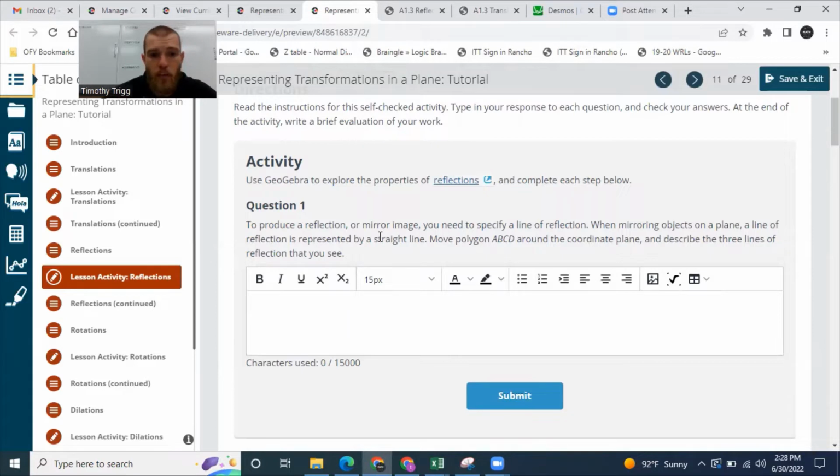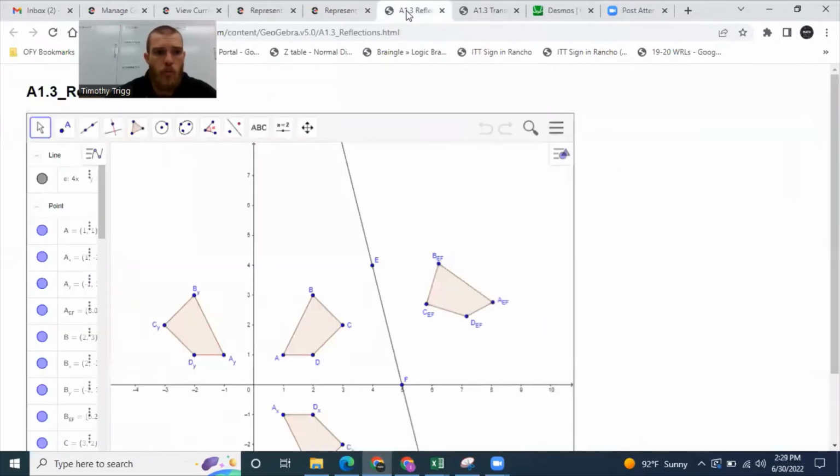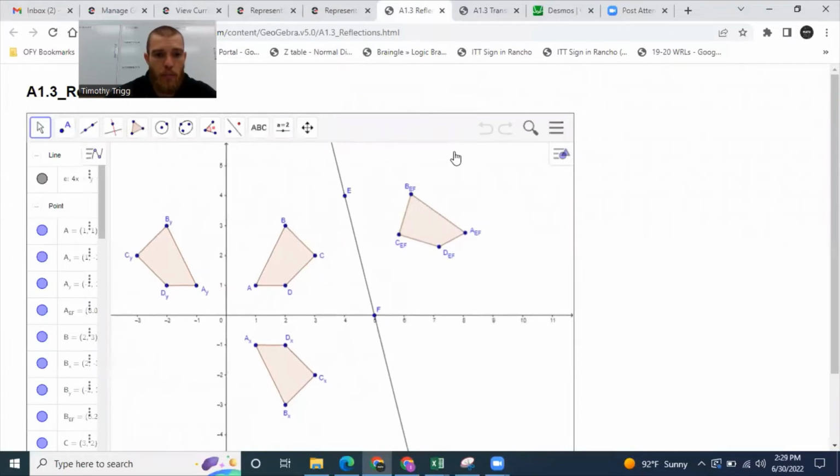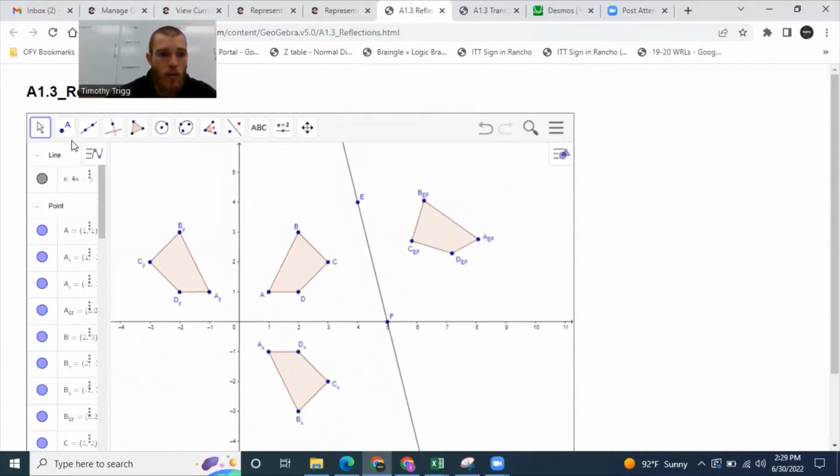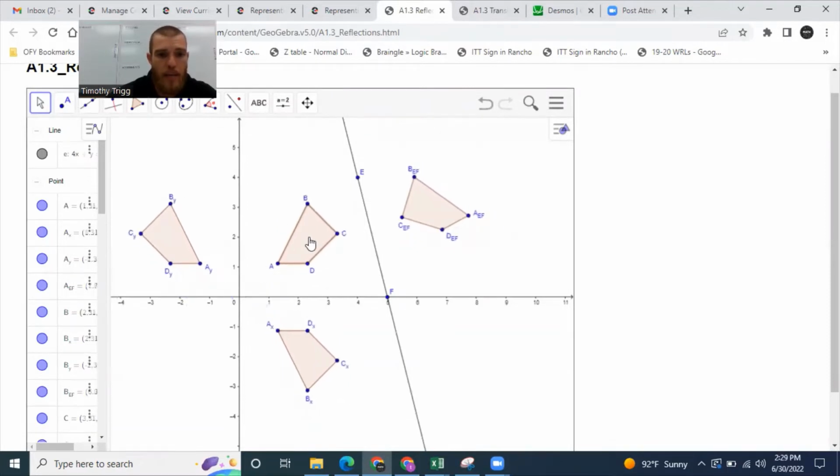To produce a reflection or mirror image, you need to specify a line of reflection. When mirroring objects on a plane, a line of reflection is represented by a straight line. Move polygon ABCD around the coordinate plane and describe the 3 lines of reflection that you see. So we go back to this GeoGebra, and you can move around this polygon, ABCD.